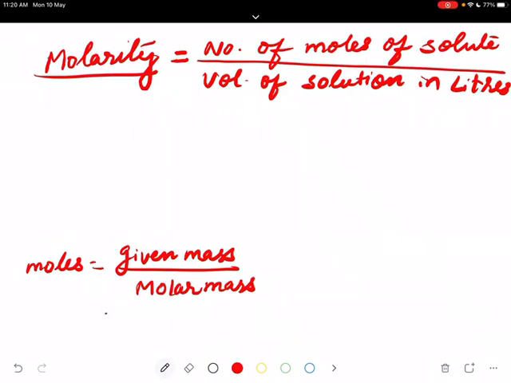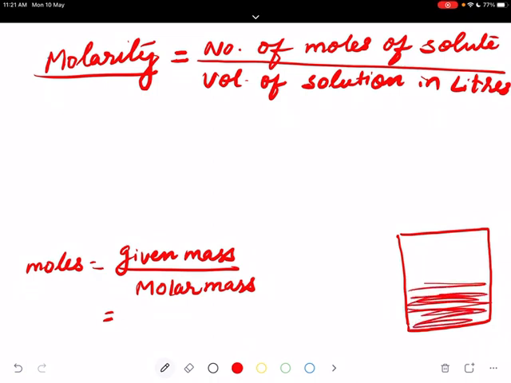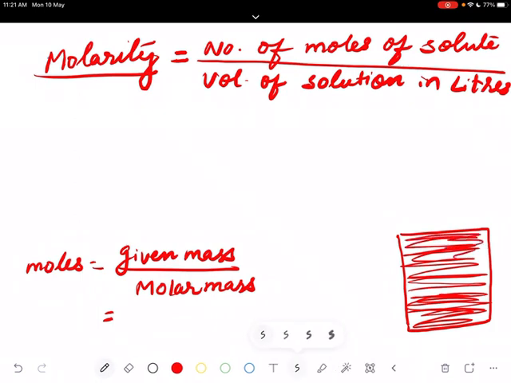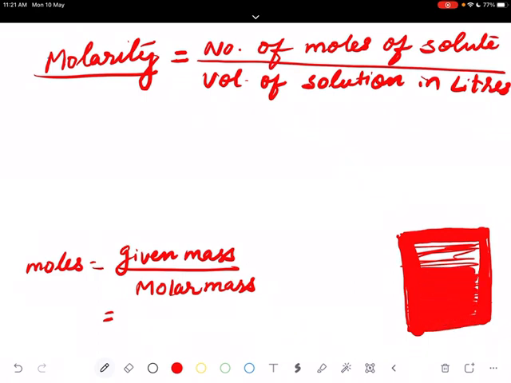Suppose you are given 120 gram of NaOH, and this 120 gram of NaOH you dissolved in water, and you added water to that solution and made a 1 liter solution.